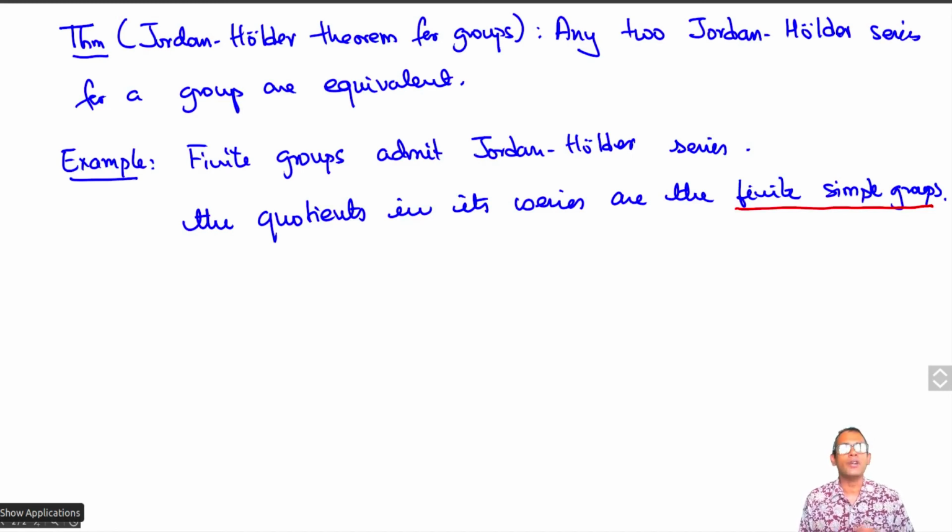And the other part is, given a sequence of finite simple groups, how do you construct all the isomorphism classes of finite groups which have that sequence as the set of quotients for its Jordan-Holder series. So we do not know how to answer that second question. But nevertheless, the Jordan-Holder theorem for finite groups is a major theorem in group theory.